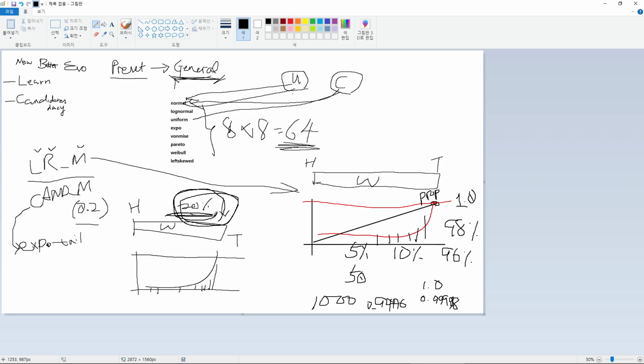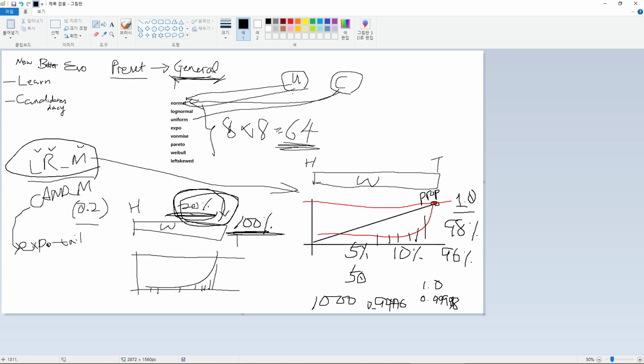Even if I choose 100% through the candidate method, if the learn rate is abysmal, then it's not really going to matter. I talked about this in my last video, so I should cut it short.